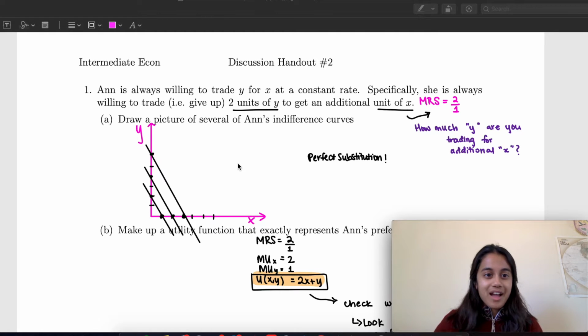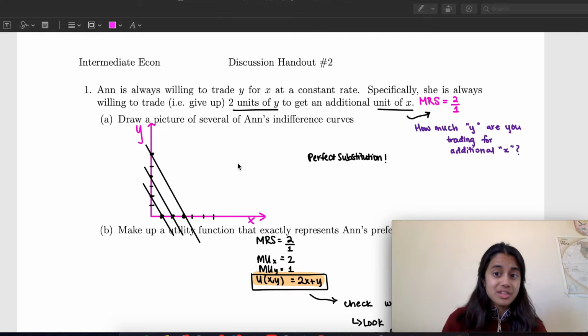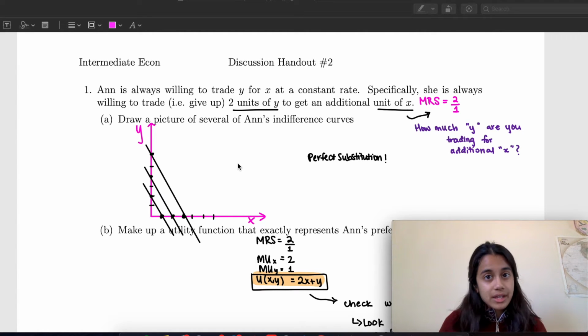All right, here the question asks, Anne is always willing to trade y for x at a constant rate. Specifically, she's always willing to trade, i.e. give up, 2 units of y to get an additional unit of x. So this is our definition of what a marginal rate of substitution really is. It's basically saying that a marginal rate of substitution means the change in y, right?